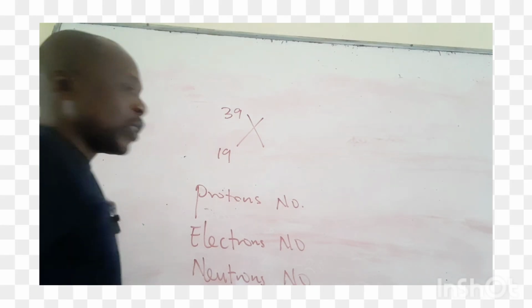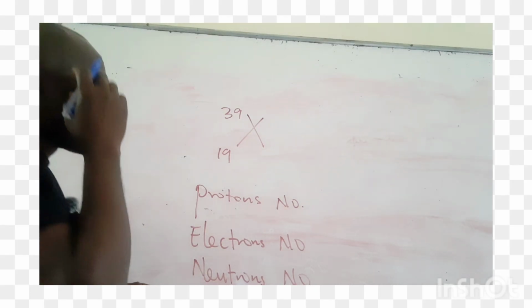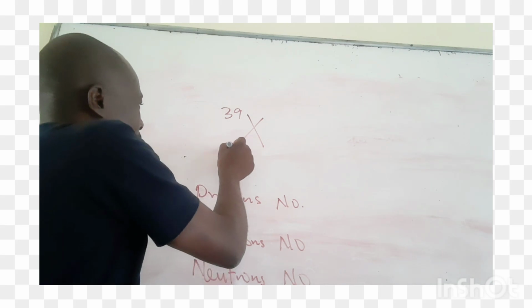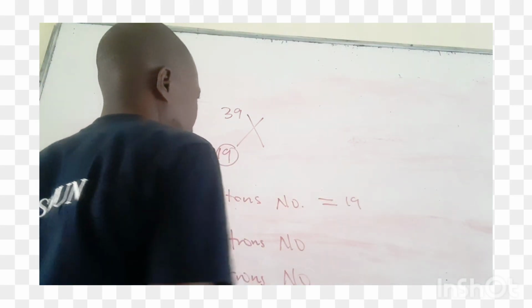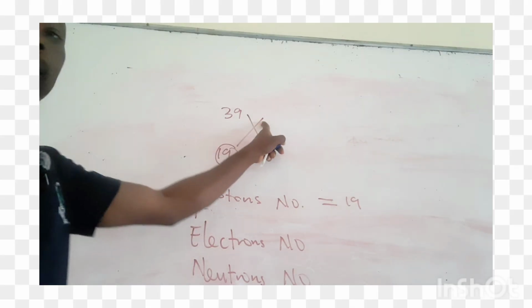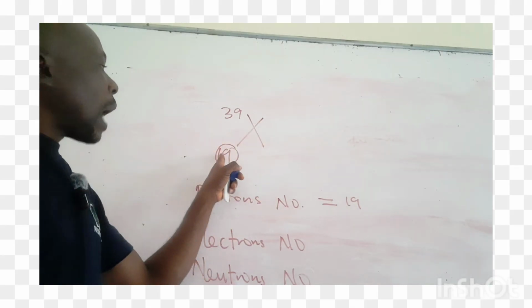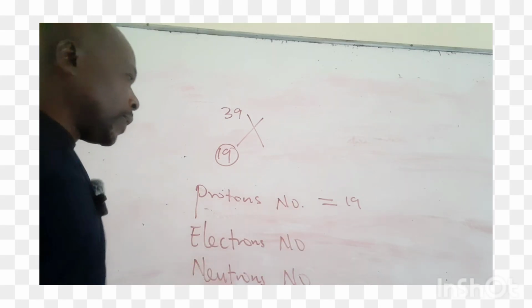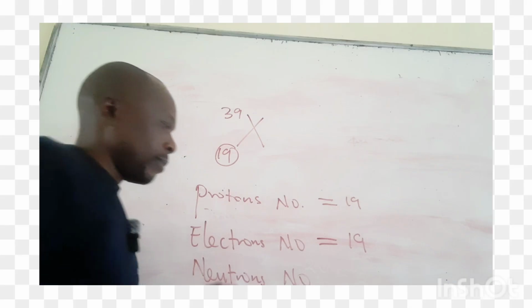This is what we are asked to find out. So here, the number of protons is equal to the atomic number, which is equal to what? 19. Since S is a neutral atom, the number of protons and number of electrons will be the same. Therefore, the number of electrons equals 19.